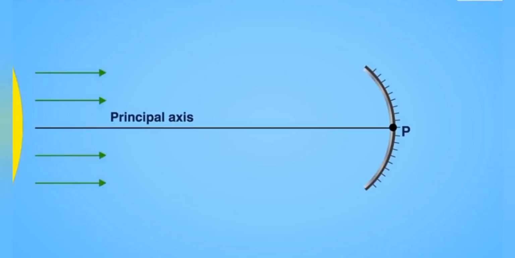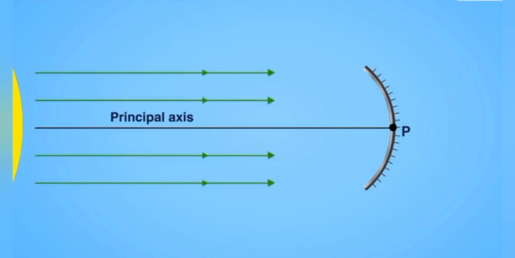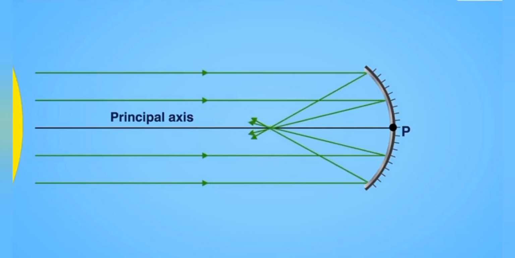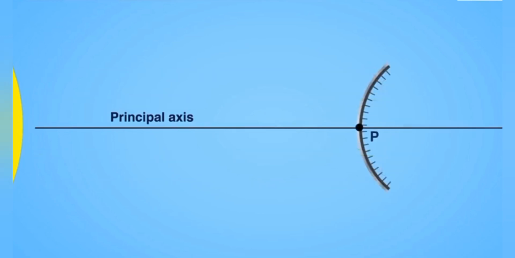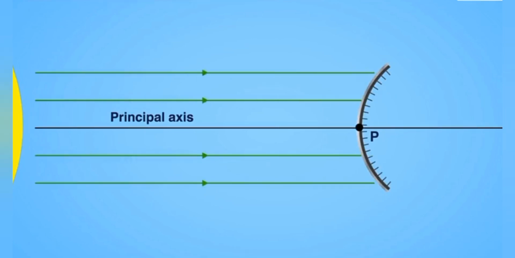When parallel light rays from a distant object strike a concave mirror, they converge to a point on the principal axis after reflection. This point of convergence is known as the principal focus F of the concave mirror. In case of a convex mirror, the light rays from a distant object appear to diverge after reflection.